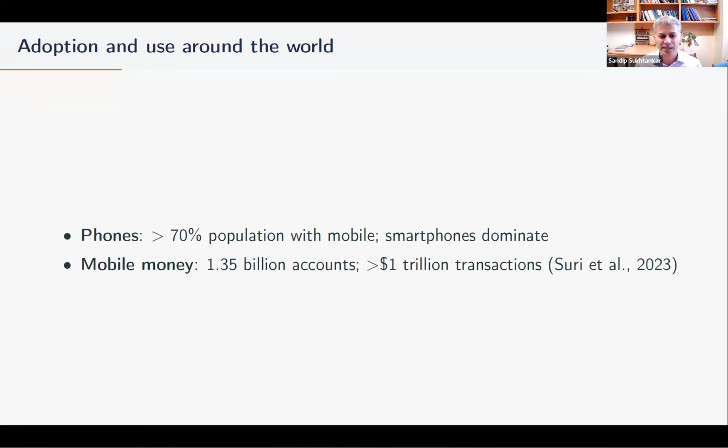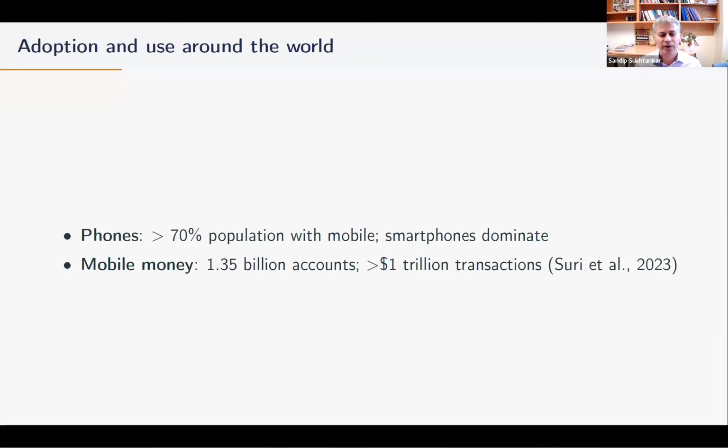The reason this is so exciting is because not many people, especially in developing countries, have bank accounts, right? They may not necessarily have full-fledged bank accounts, but as we've just seen, almost everybody has a cell phone, and so the ability to transfer money securely through the phone is really exciting.